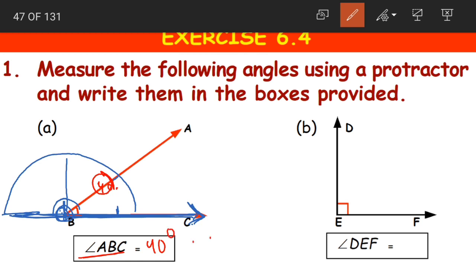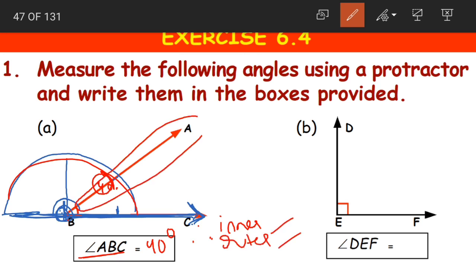Is this clear? What should we do? We should place our protractor like this and then decide whether to use our inner scale or the outer scale. Yes, after deciding, you have to look at the other arm. The marking where our other arm is showing will be the measure of our angle, children.